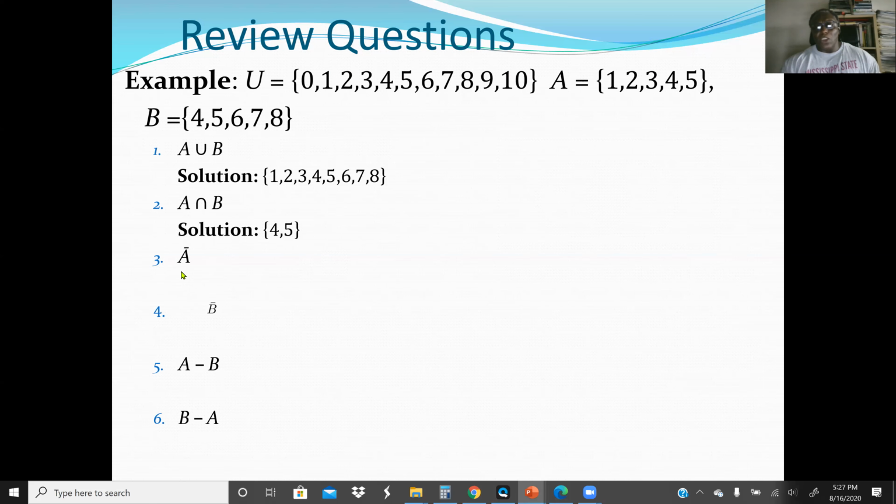Then the next will be the complement of A. Remember, the complement of A is with respect to the universal set. So I'll go to set A and look at all the elements that are there.